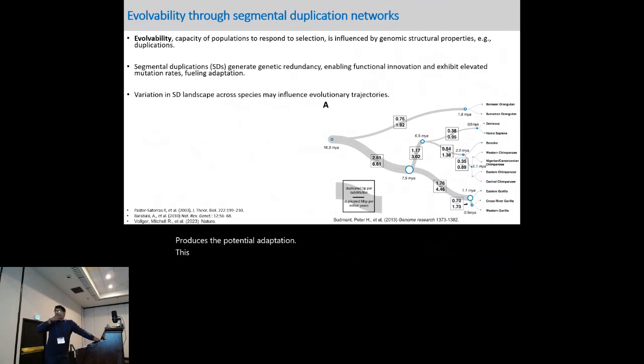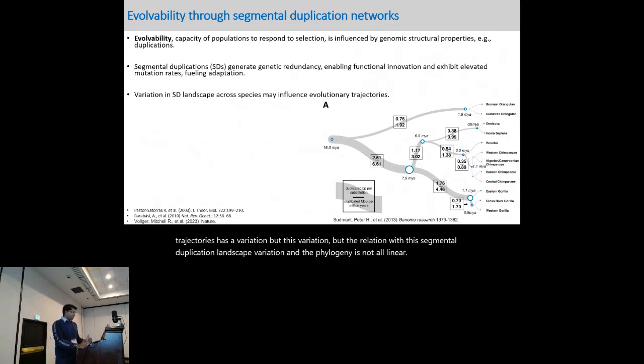This figure and the literature that produces it show that the segmental duplication landscape varies across phylogenetic trajectories, but the relation between this variation and the phylogeny is not linear.